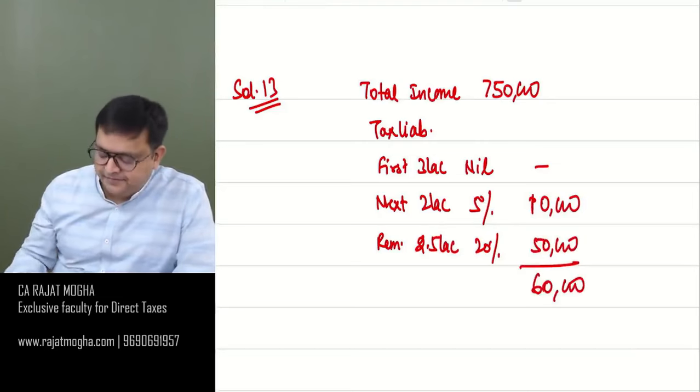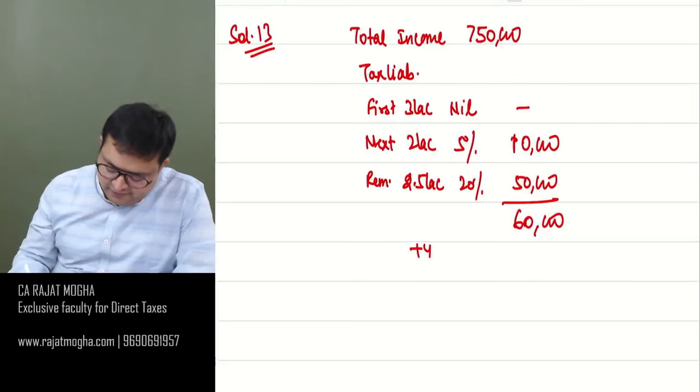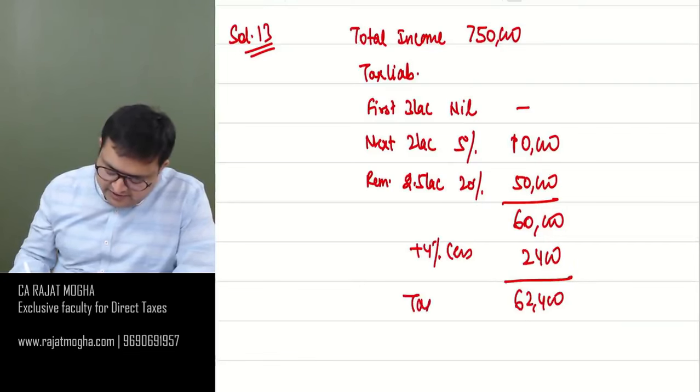Plus 4% cess, 2,400. 62,400 is the tax liability.